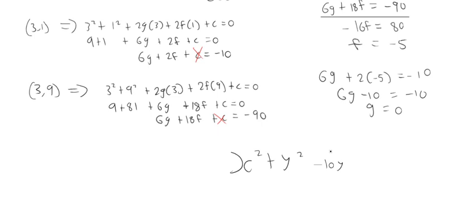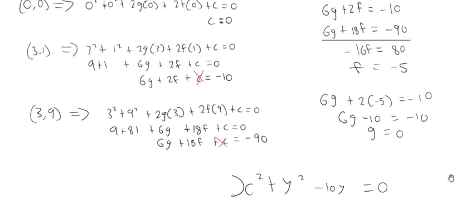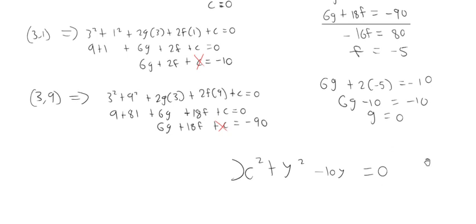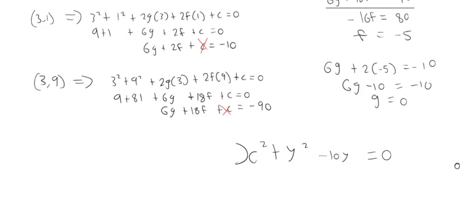And then plus 0, since c is 0 as well, so that's just going to be equal to 0. So that's the answer there. We got that g was 0 and c was 0, so therefore there's no value for the 2gx part or for the c part. So that's it then.